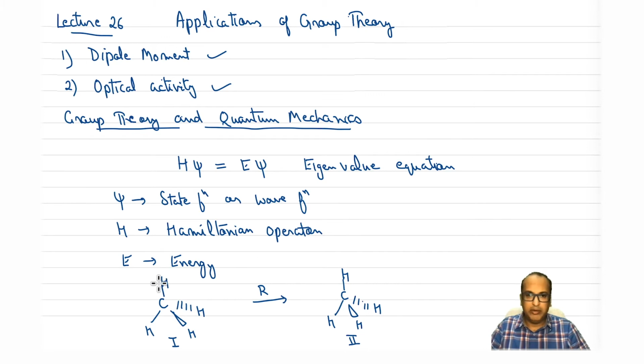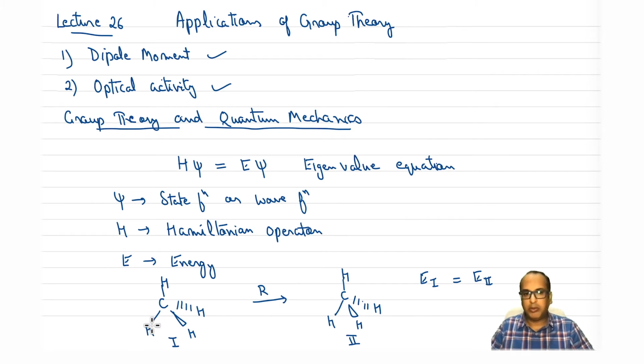Then we rotate this molecule about the CH bond by 120 degrees. Now this atom is replaced with this, and so on. So basically each of the particles, the atomic nuclei here, is replaced with an identical one, and thus the energy of configuration 1 should be equal to the energy of configuration 2.